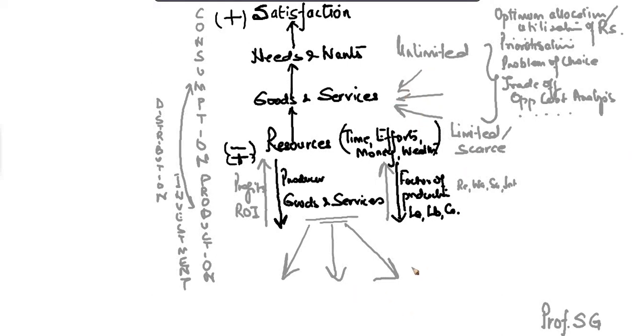And so this connection between the goods and services required for consumption and the goods and services produced by an individual would be connected through an entity in the economy, which could be considered as the market.